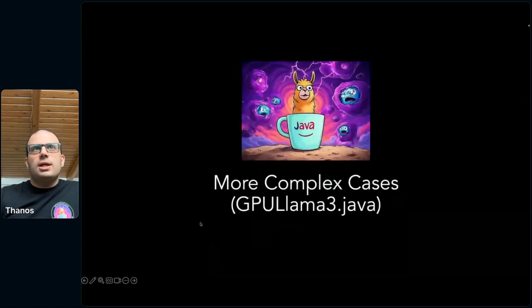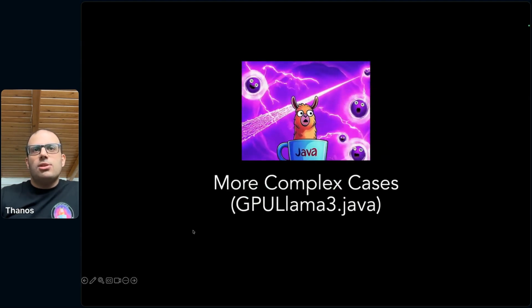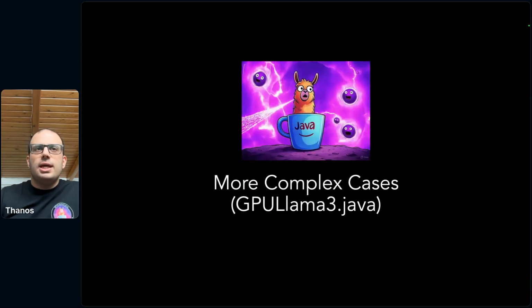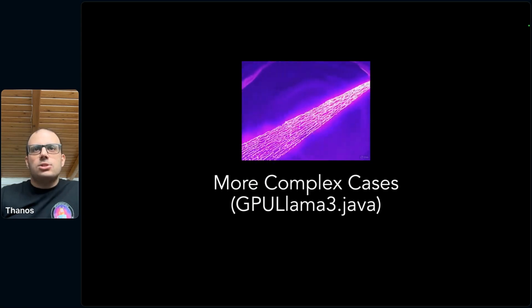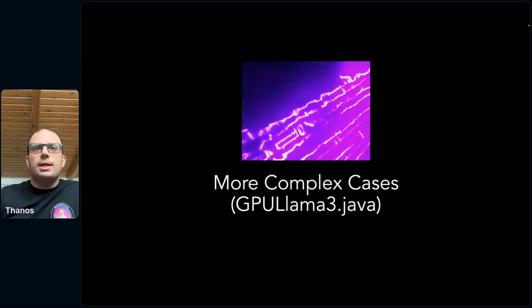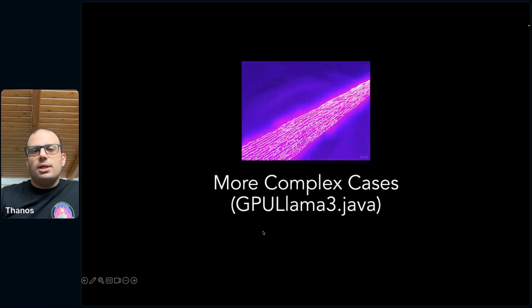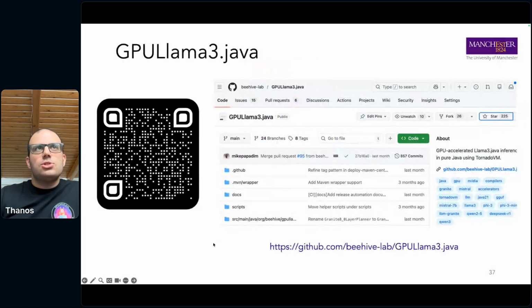So one case that we have built is GPU Llama 3. And this demonstrates that we can build more complex use cases with TornadoVM and deploy them. For those who don't know GPULlama3.java, this is an open source project that we have built in the Beehive Lab at the University of Manchester.